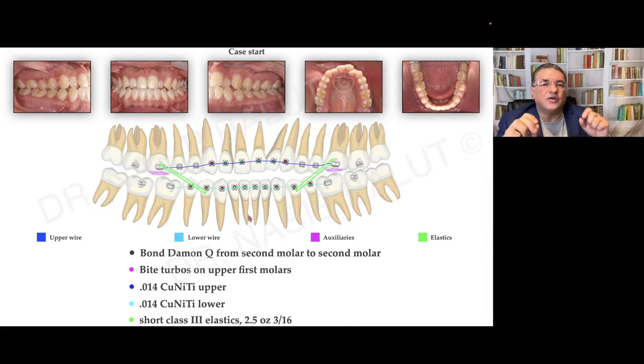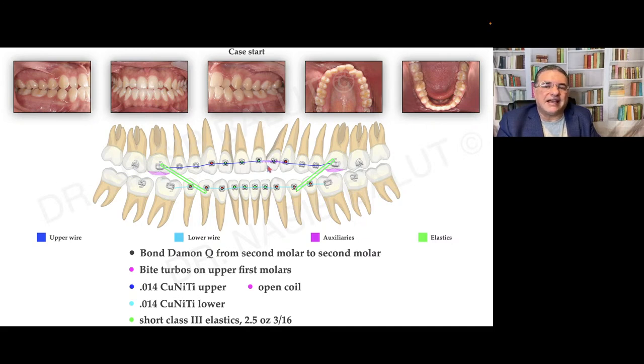Both sides, full time. I even recommend them to use them while they're eating. If you feel the pressure of these elastics, they don't feel it. So usually they can even eat with them.